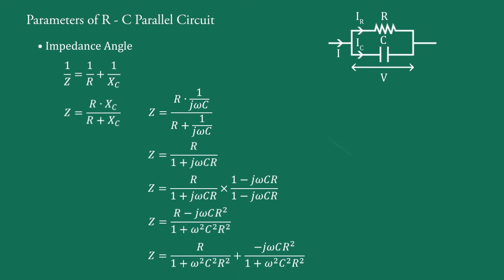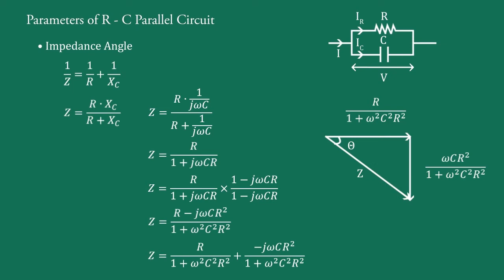Now we will draw the phasor diagram of this equation. This first term will be represented by this vector, and in the second term minus J indicates the direction of this vector downward. So we will draw it at an angle 90 degree with the first vector in downward direction. Hence the resultant vector, that is impedance Z, is obtained by this vector, and this angle becomes impedance angle.